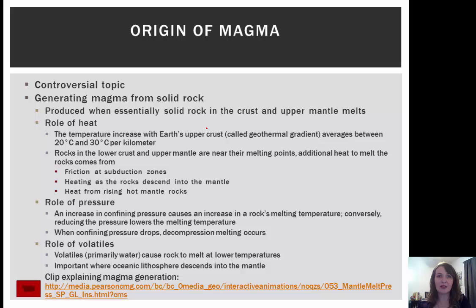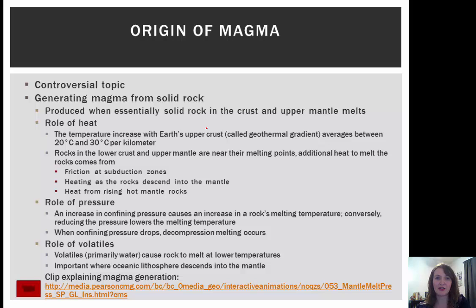Now, talking about the origin of magma. This is a pretty controversial topic between geologists. So generating magma from solid rock: it's produced when essentially a solid rock in the crust and upper mantle melts. Now the role of heat is very important. Temperature increases with depth in the Earth's upper crust, which is called the geothermal gradient, and it averages between 20 degrees Celsius and 30 degrees Celsius per kilometer.